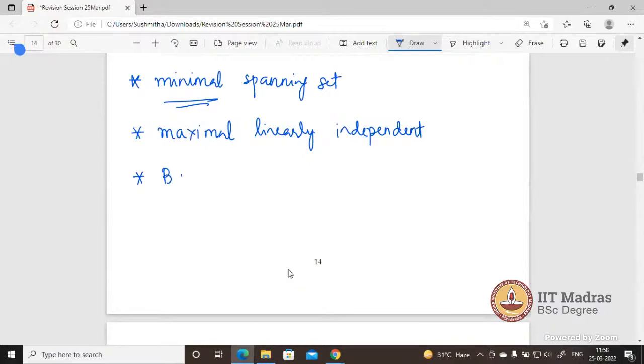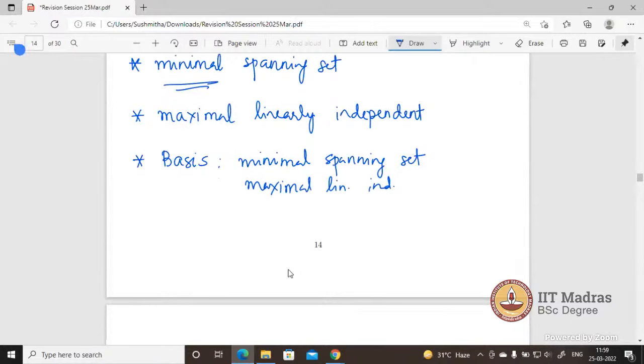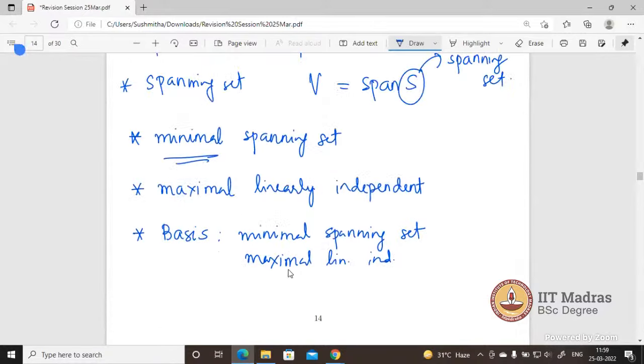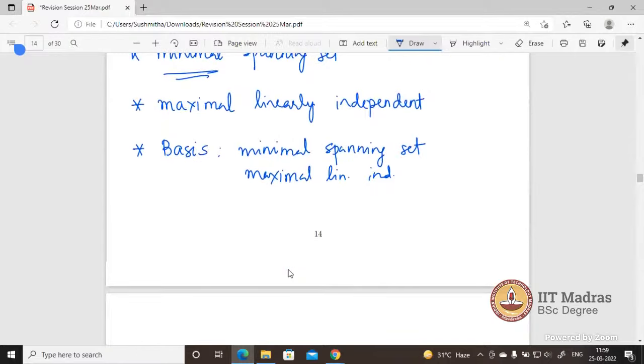And a basis is a minimal spanning set or a maximal linearly independent set, right? Yes. In fact, it is both. If it is one, it is the other.